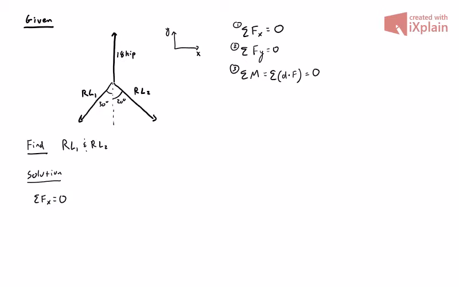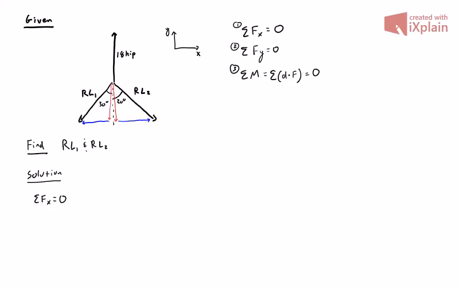Now if we look at RL2, we can see that it has a y component in the downward direction as well as an x component in the positive x direction. And then likewise, RL1 has an x component and a y component.